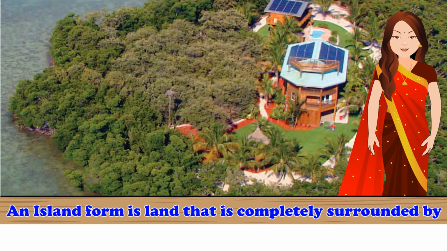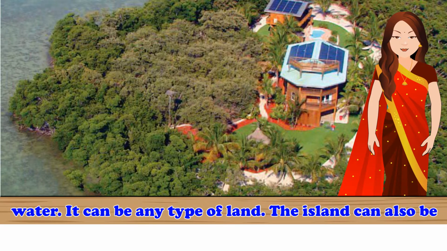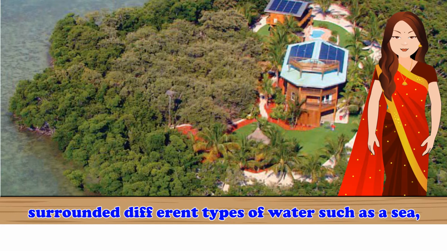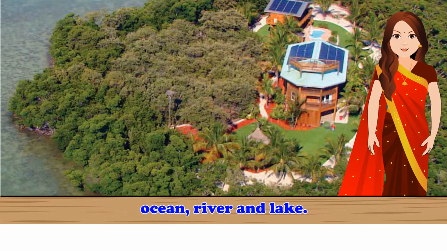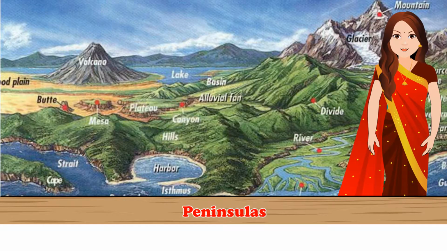Islands. An island is land that is completely surrounded by water. It can be of any type of land. The island can also be surrounded by different types of water such as sea, ocean, river, and lake.